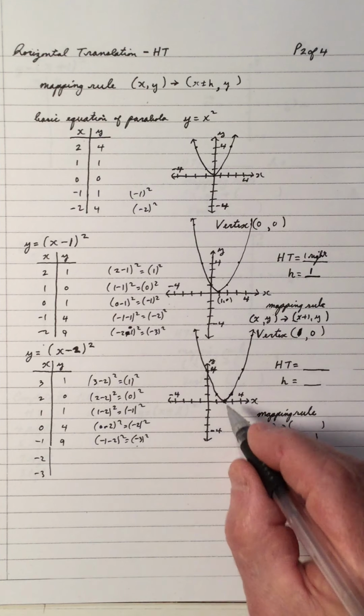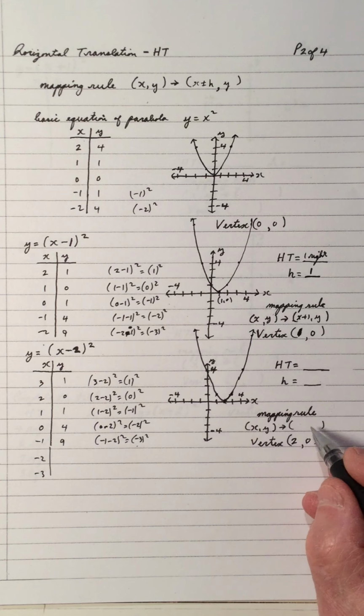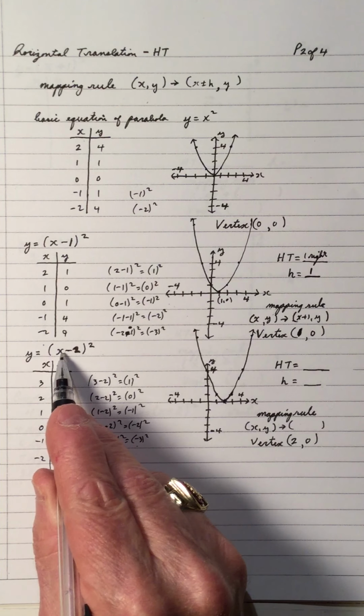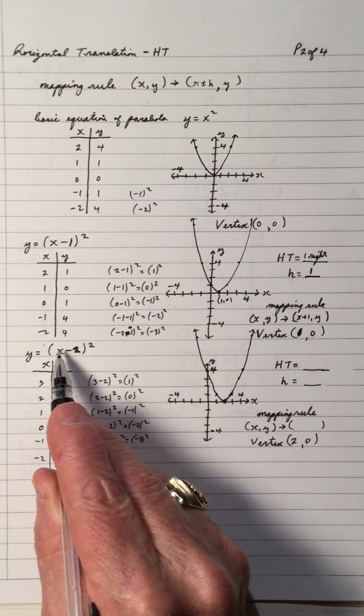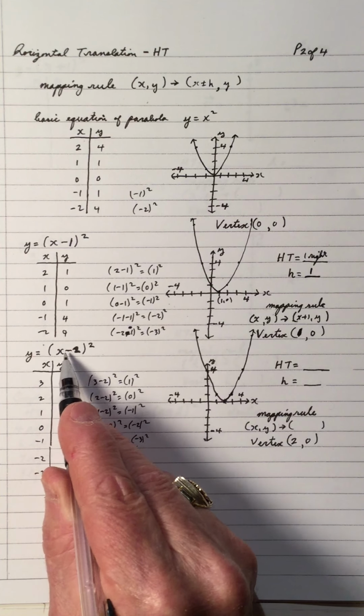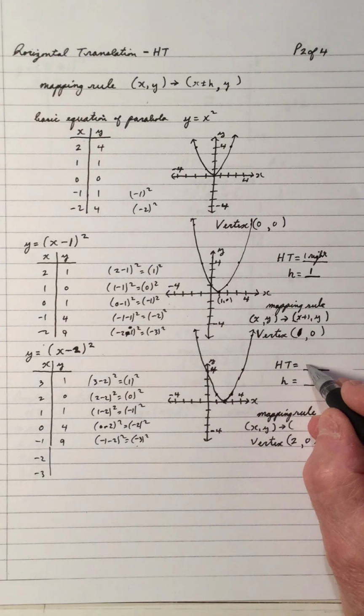So the vertex is 2, 0. So that means it moved 2 units. That's the opposite again, because 2 minus 2 is 0, and 0 squared is 0. So y is 0 when x is 2. So that means it moved 2 units right.